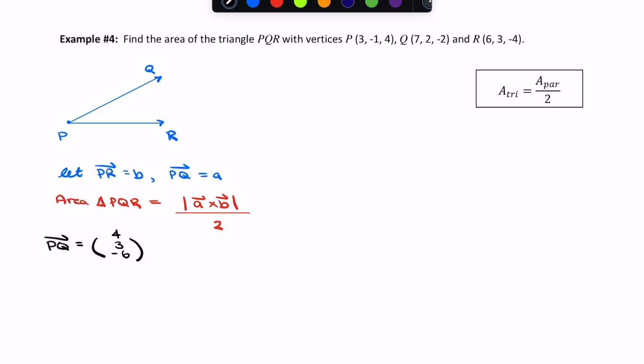So that's for vector PQ. Vector PR will be equal to 6 minus 3, which is 3, 3 minus minus 1, which is 4, and negative 4 minus 4, which is negative 8.